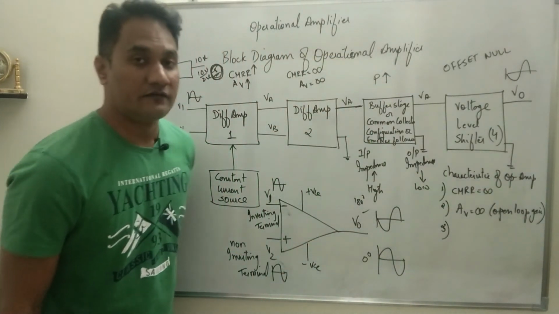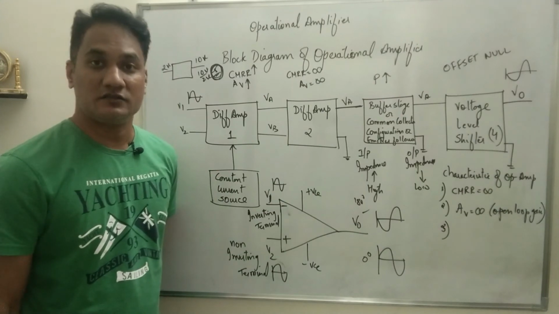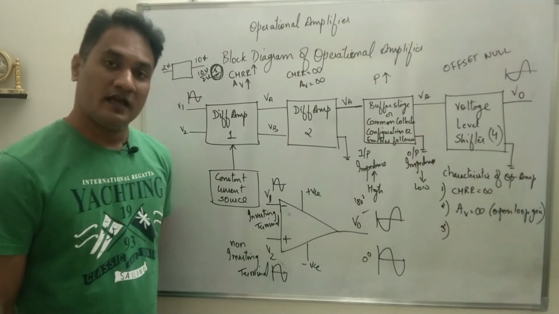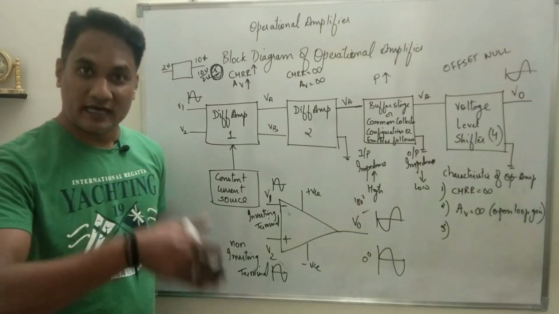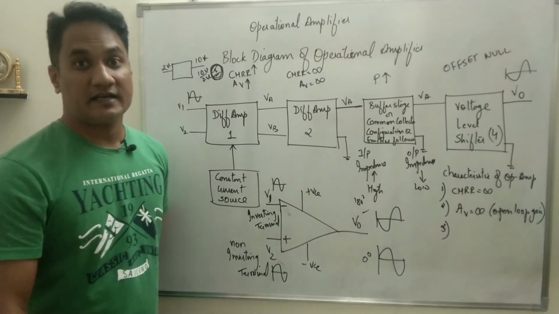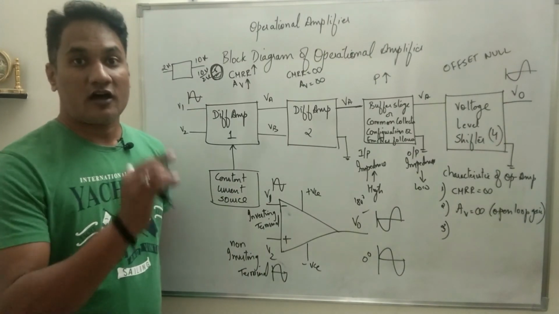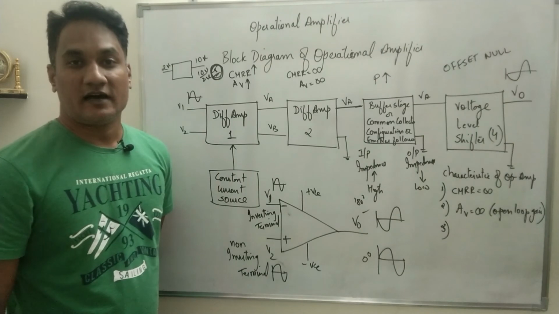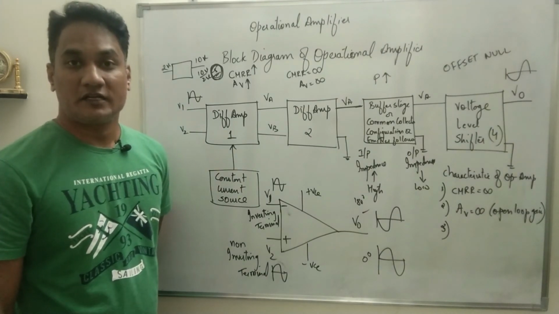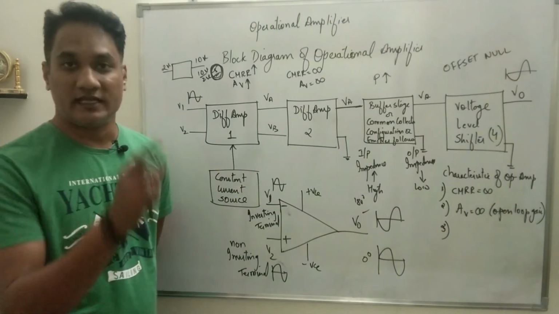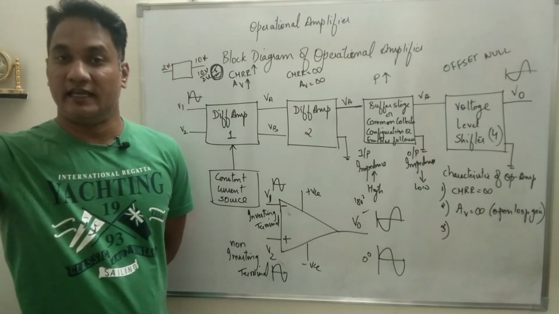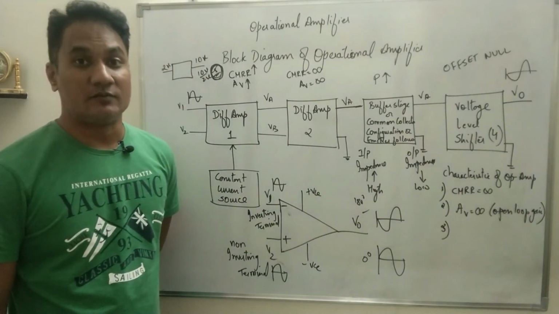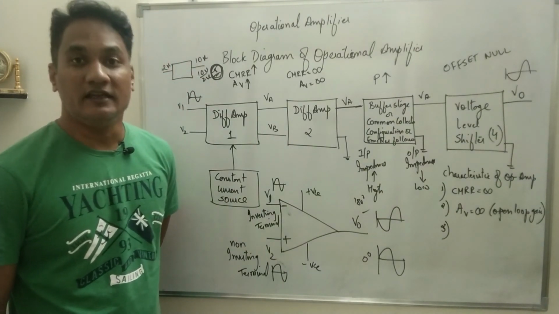Now the operational amplifier is designed using a differential amplifier, and a differential amplifier is nothing but a direct coupled amplifier. And in a direct coupled amplifier, if you draw a graph between gain and frequency, the gain is constant, that means bandwidth is infinite.